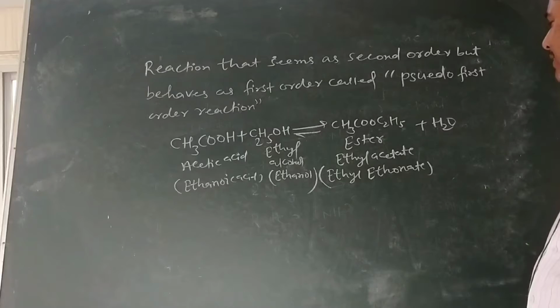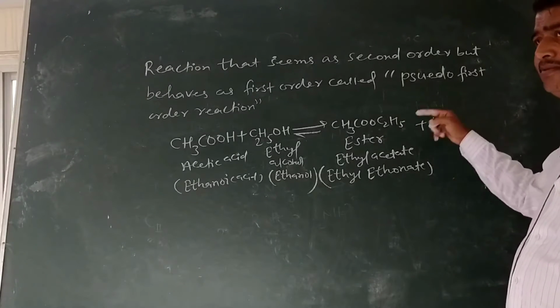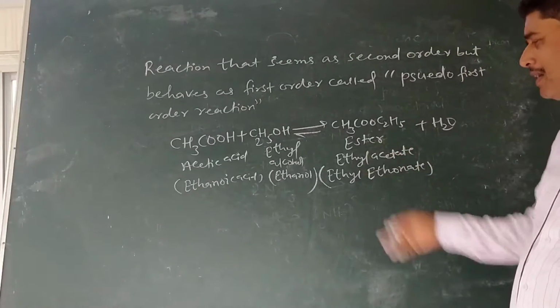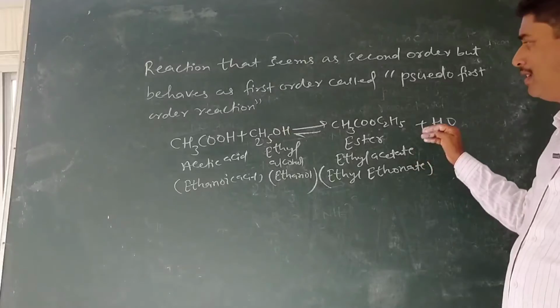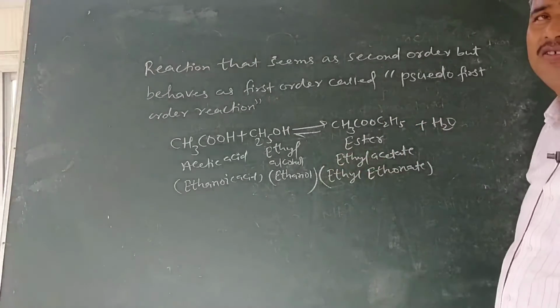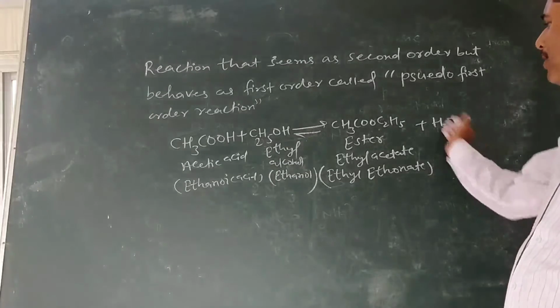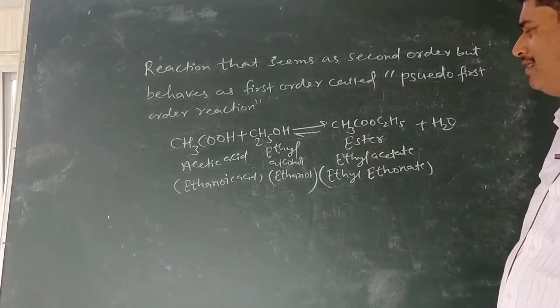On the other hand, when the concentration of water is raised, when water is added from outside, then the reaction will proceed backward. In the backward direction, this reaction is known as hydrolysis of ester or simply hydrolysis.